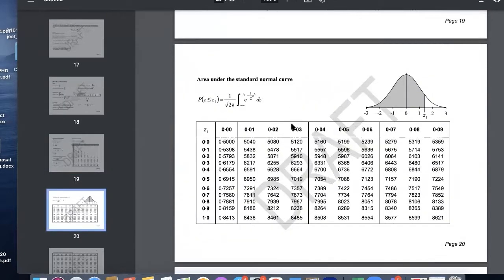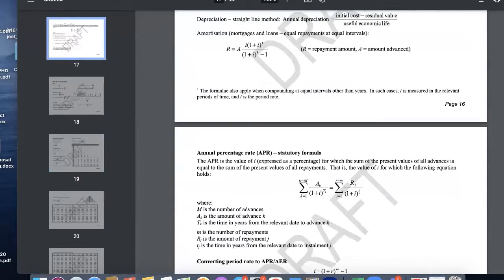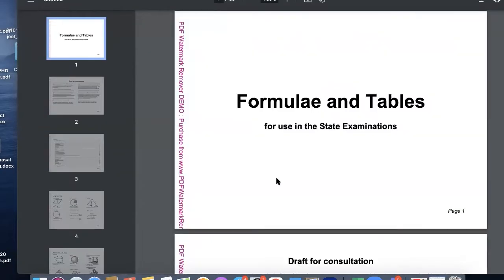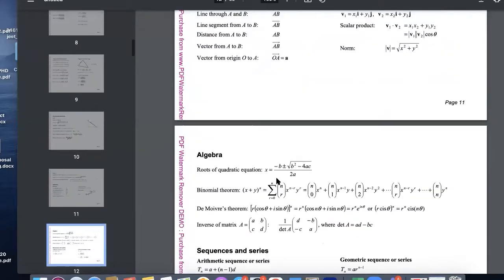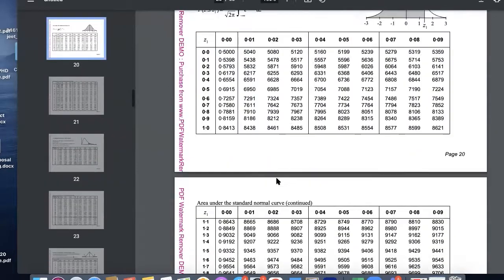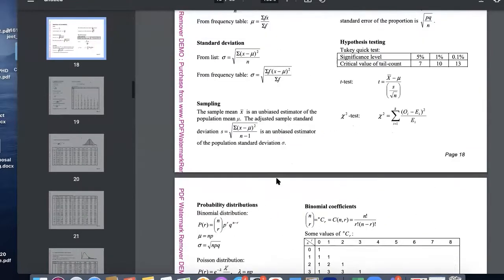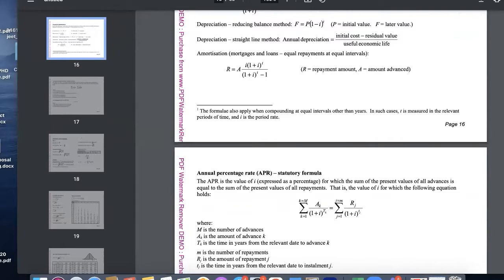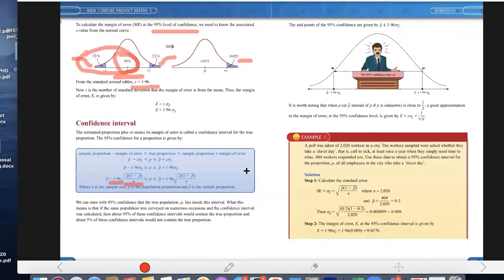They're not the Leaving Cert tables. Let me go back and see if I can find a Leaving Cert one. Yeah, it looks more like it. Let me scroll down. No, that's the same. Anyway, not to worry. We'll find it again when we're doing an exam question.